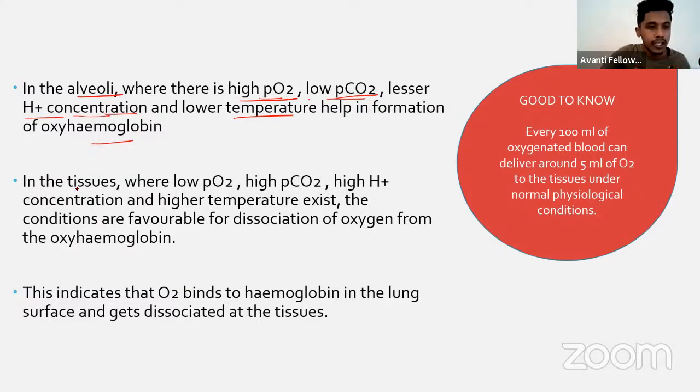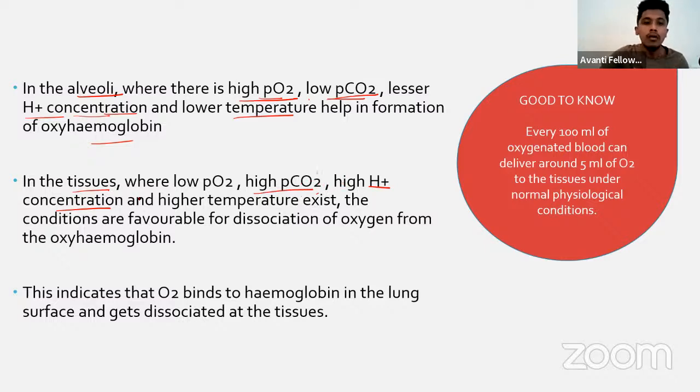When it comes to tissues, the partial pressure of oxygen is very low. In tissues, the level of oxygen is very, very low. But the concentration of carbon dioxide in the tissues is high. So that will lead to a higher partial pressure of carbon dioxide. Now, when there is carbon dioxide, that will lead to an increase in hydrogen ion concentration. How? We will talk about it, how the hydrogen ion concentration increases in the presence of higher carbon dioxide.